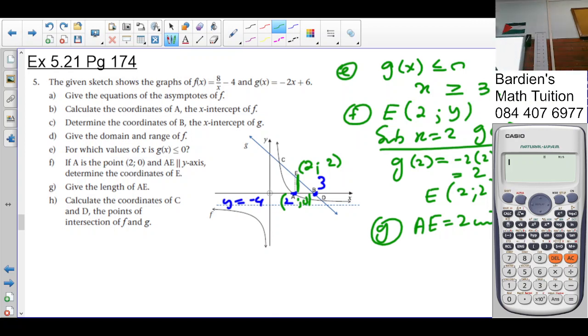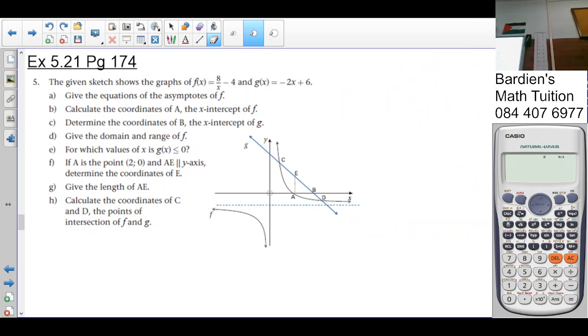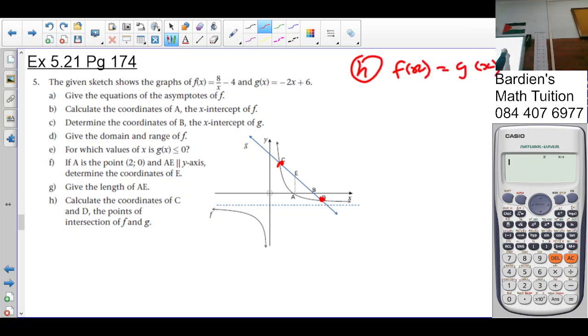Then it says, calculate the coordinates of C and D, the points of intersection. So, to work out C and D, the points of intersection, we set the two graphs equal to each other. So f of x is equal to g of x. So it's going to be 8 over x minus 4 is equal to negative 2x plus 6.